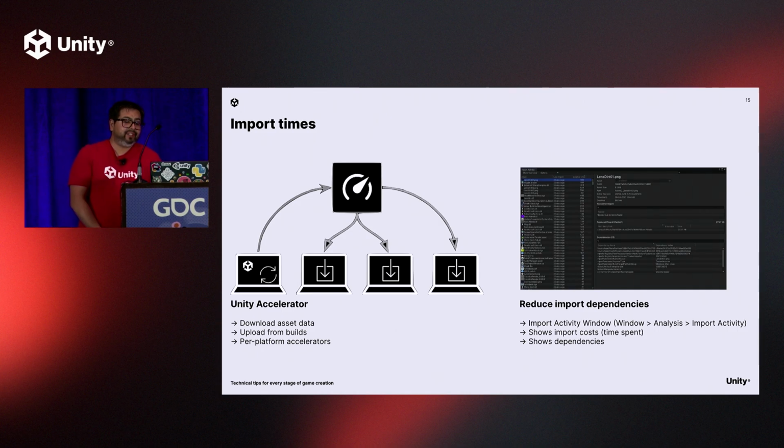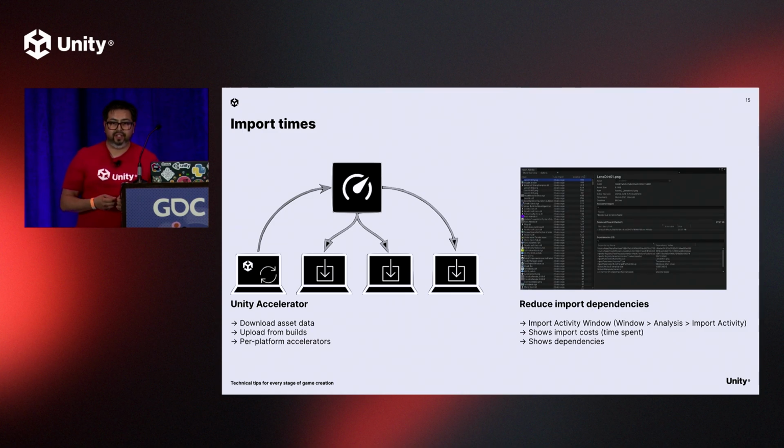But that's not all. There's also an import activity window in Unity, which shows you all the information about the import itself. What was imported, why it was imported, what each asset's dependencies are, and most importantly, how long it took to import. This is very helpful to reduce the initial import times, but it's even more helpful when you want to reduce the amount of time it takes to do re-imports as you make changes in your project.